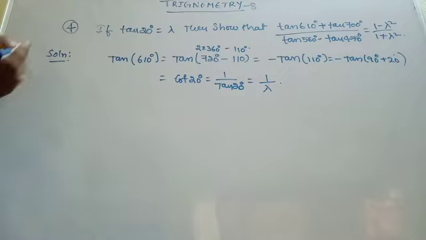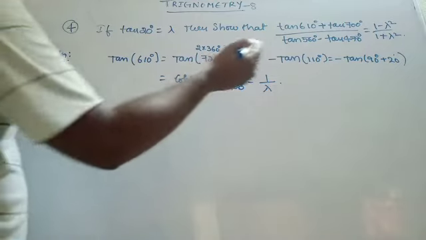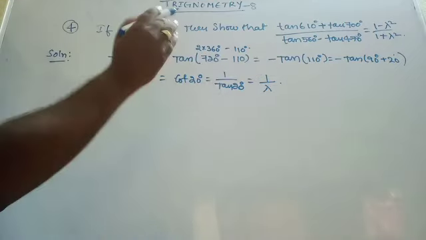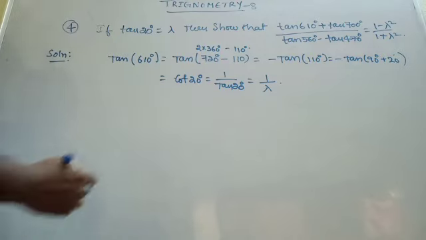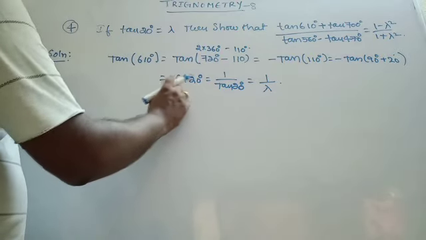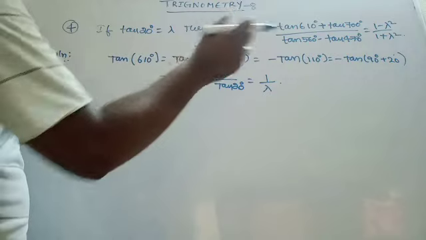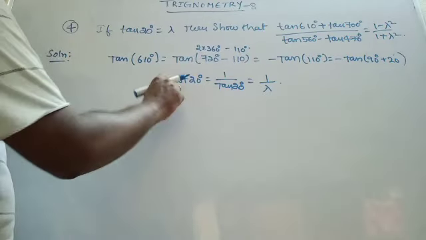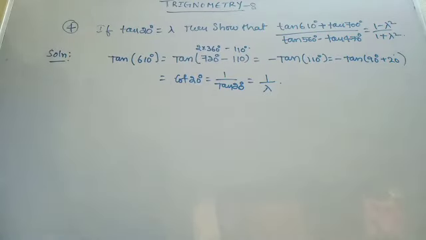That we can write as minus tan of 90 degrees plus 20 degrees, which becomes minus of minus cot 20, that is plus cot 20 degrees. That becomes 1 by tan 20 degrees, which is equal to 1 by lambda.